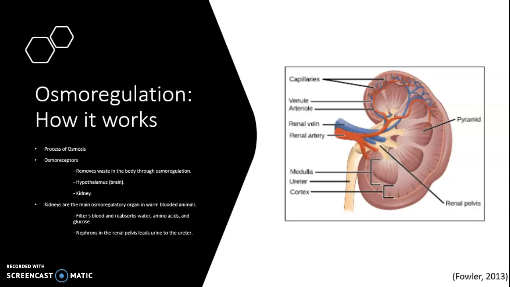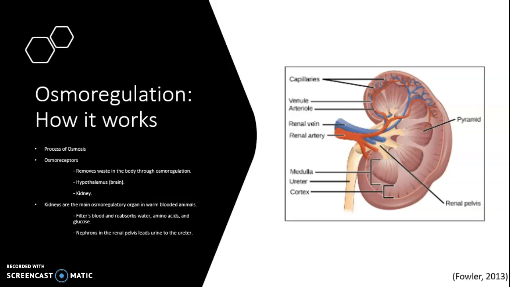So osmoregulation works by, like I said before, the process of osmosis. Osmoreceptors remove waste in the body through osmoregulation. The hypothalamus again signals the kidneys, and the kidneys are the main osmoregulatory organ in warm-blooded animals. They filter out blood and reabsorb water, amino acids, and glucose.